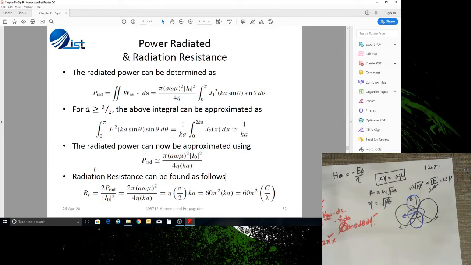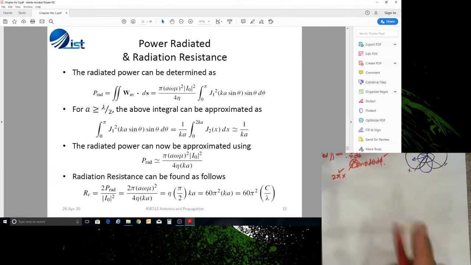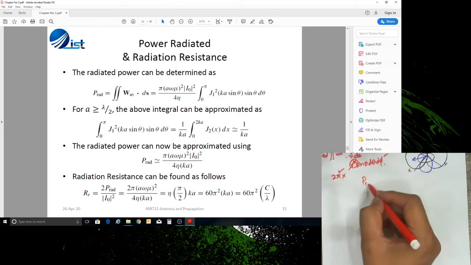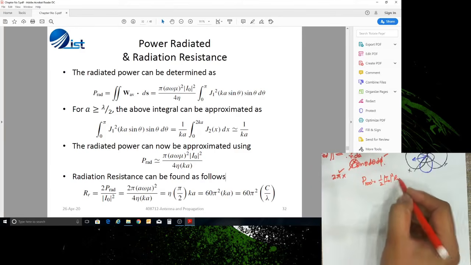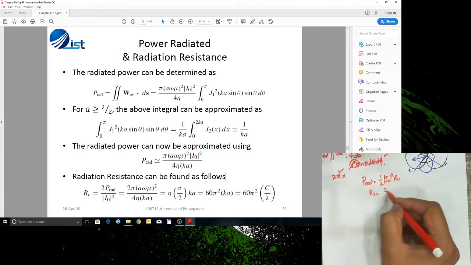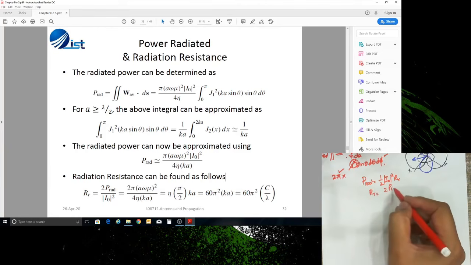Okay. And the radiation resistance we already know, we can get from P radiated. We have seen that expression as well. We know that P radiated is 1 over 2 times I naught square R_r, and R_r is equal to 2 times P radiated over the absolute square of I naught.